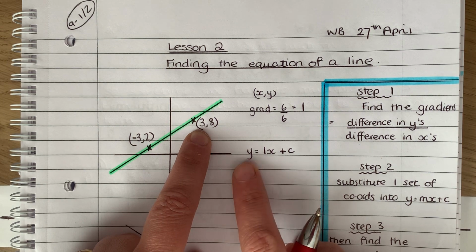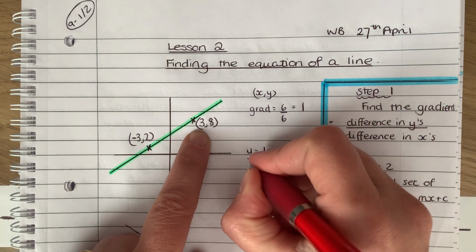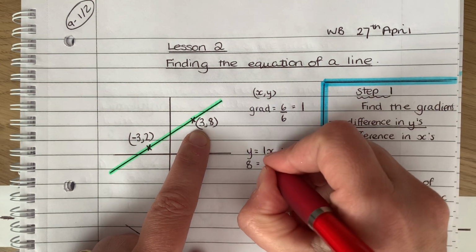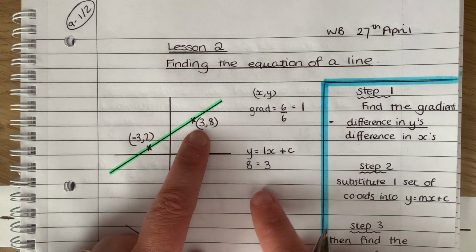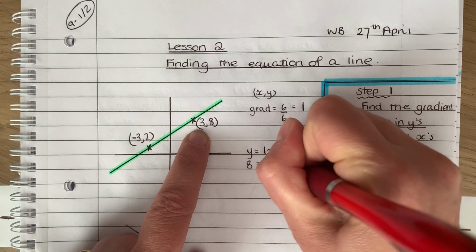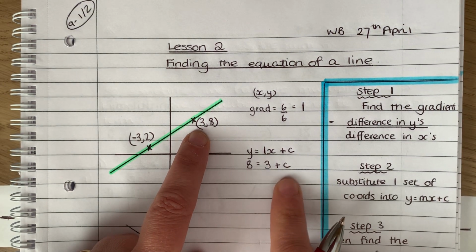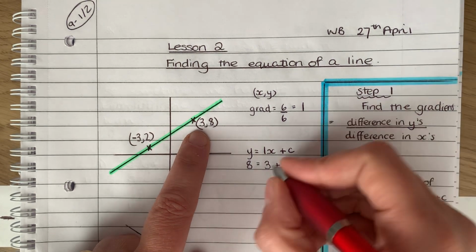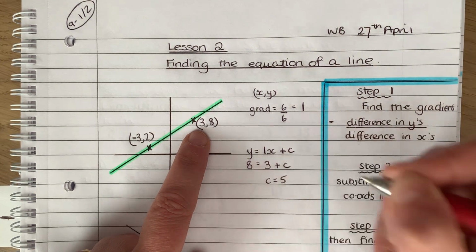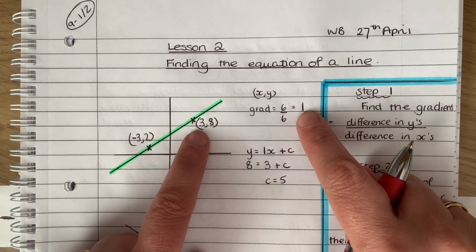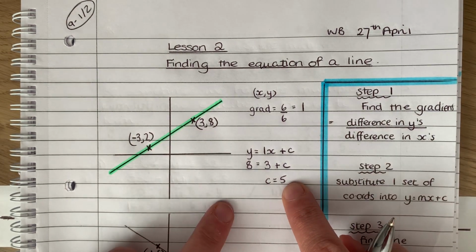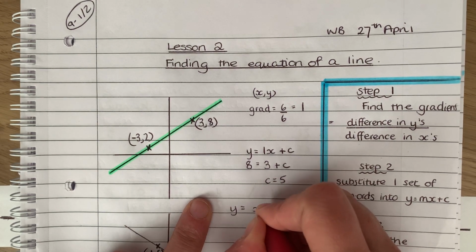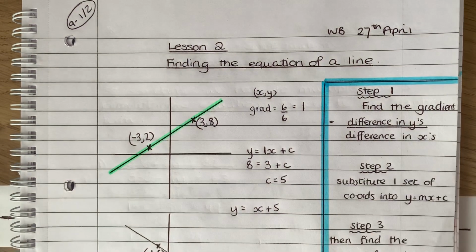So y is 8, and 1 lot of 3 is 3. Then I've got to work out the value of c. It's fairly straightforward: the value of c is 5 because 3 add 5 makes 8. So now we've got the gradient of 1 and the intercept as 5, so my final answer will be y = x + 5.